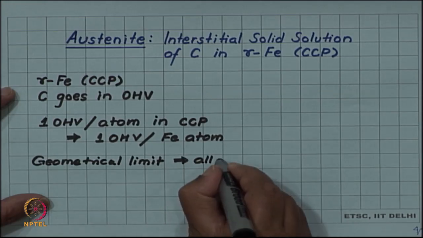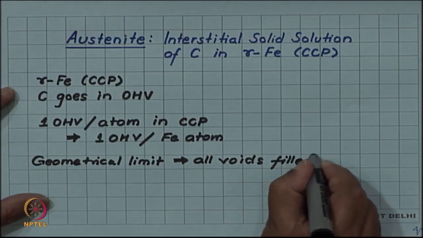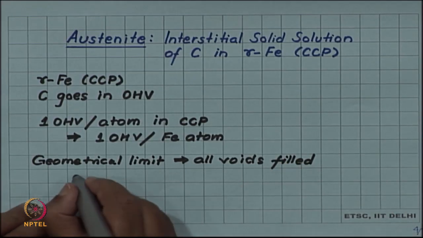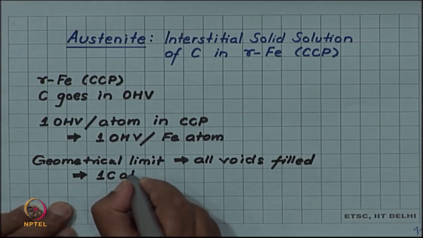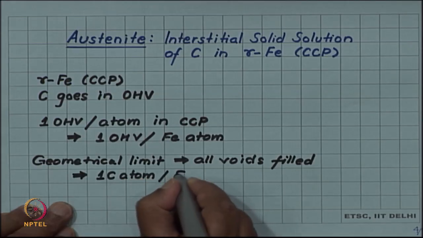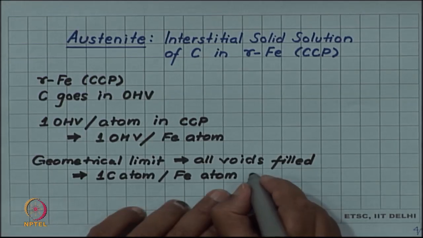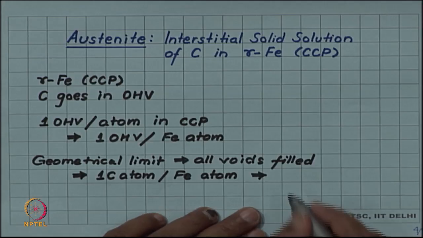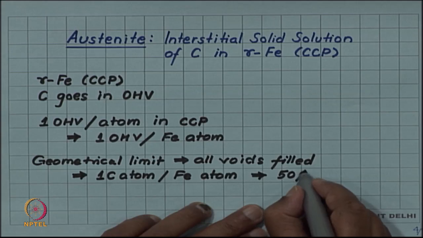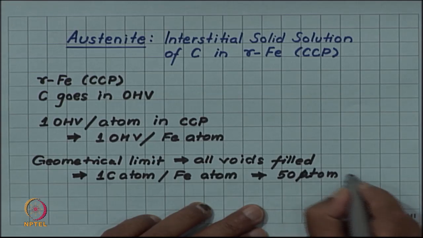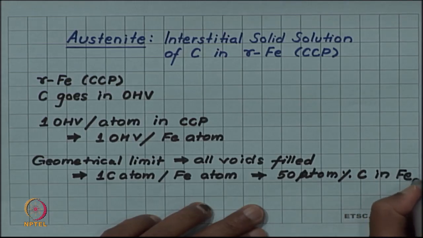All voids filled. This will give us 1 carbon atom per iron atom, which of course, in percentage you can see that this is 50 atom percent carbon in iron.